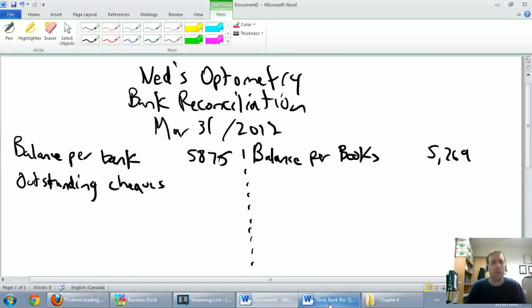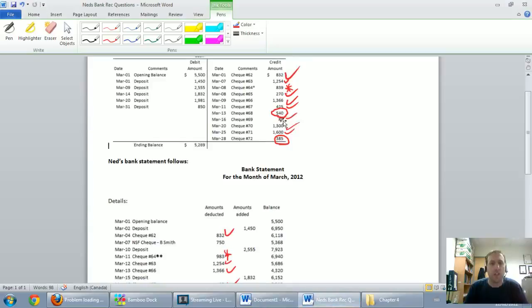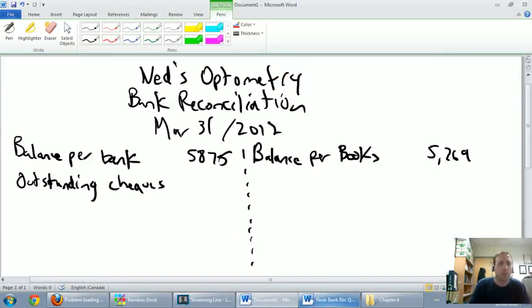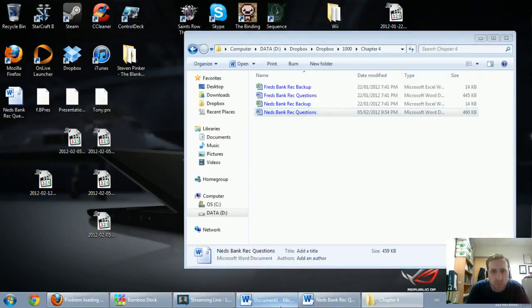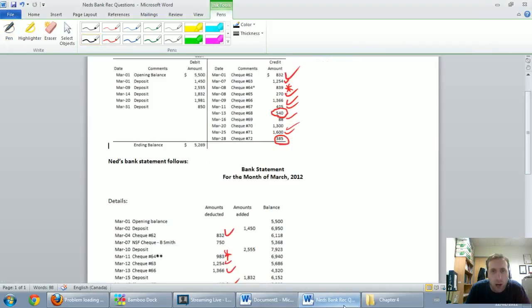But let's do my side of the bank rec. Outstanding checks, I've got two. I've got check number 68 for 540 and check number 72 for 385. So let's do it. Check number 68 for 540, and ooh, I always go the wrong way there.